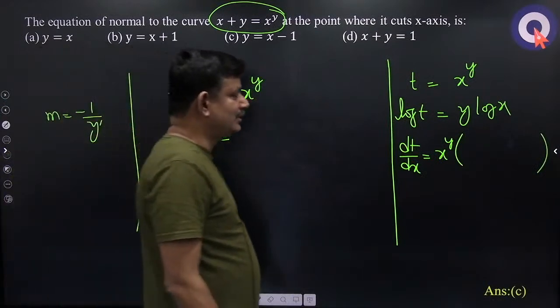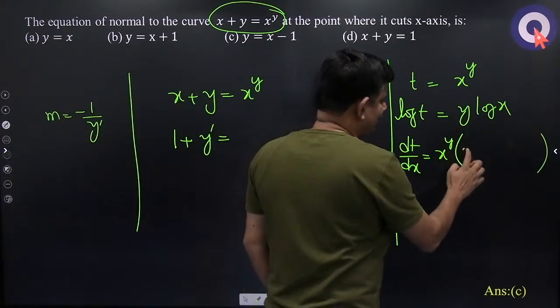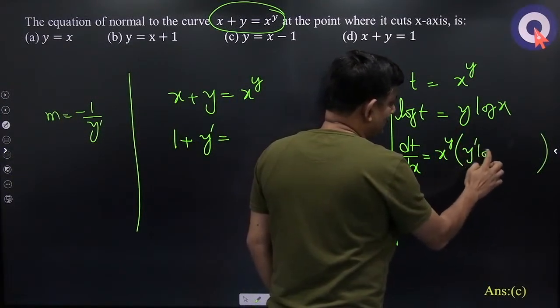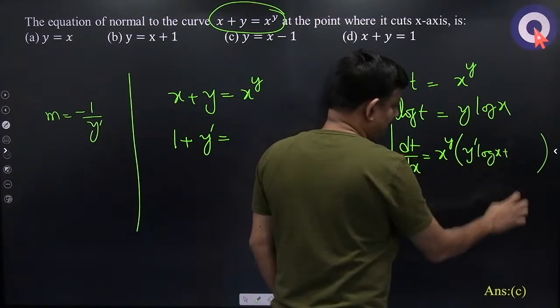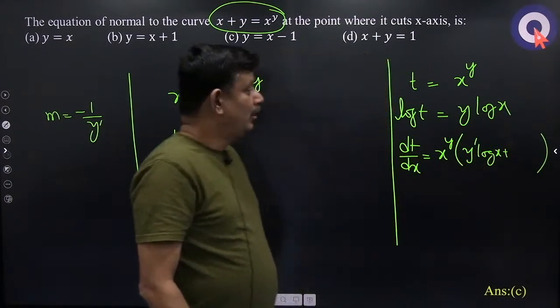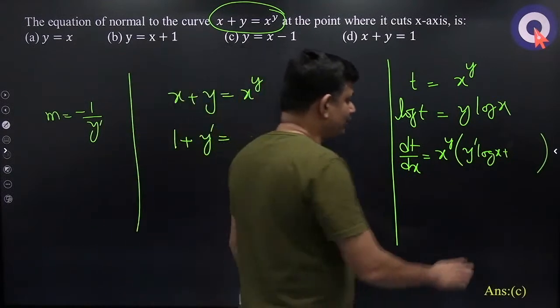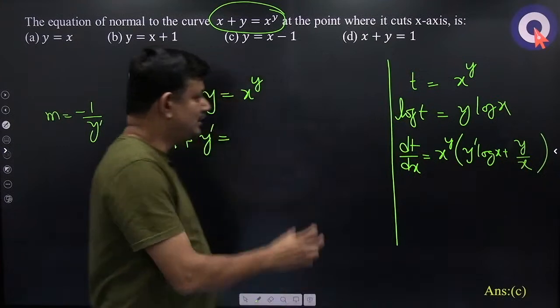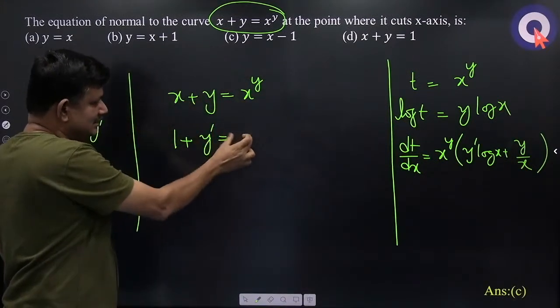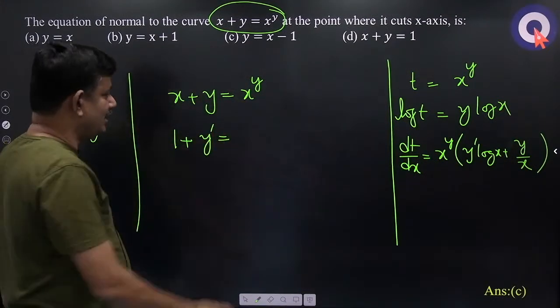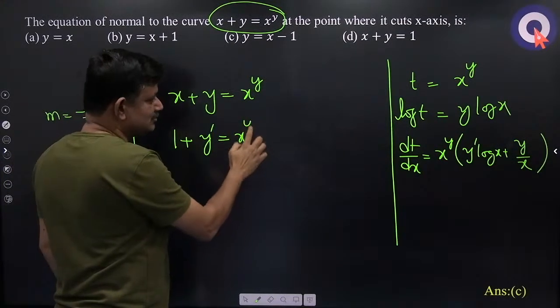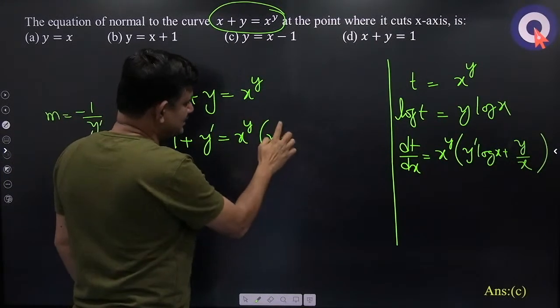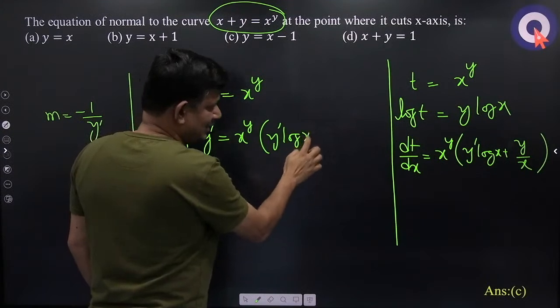The derivative of y times log x, plus y into the derivative of log x. So I'll take this dt by dx and rewrite it: y dash x plus y by x.